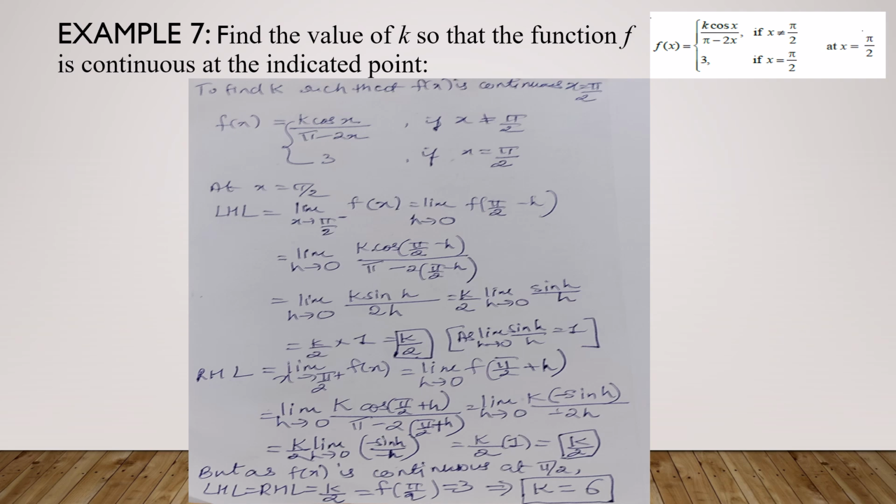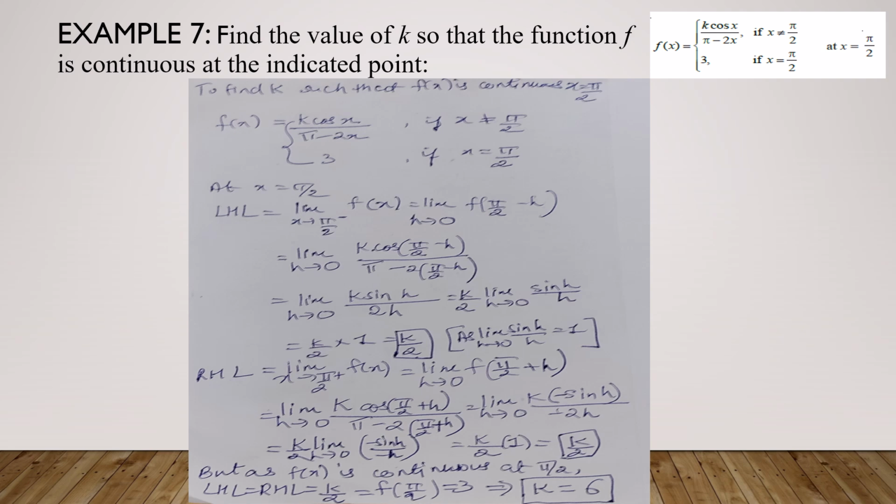So for a very small quantity h, limit h tends to 0, your function is f of pi by 2 minus h. So now in the given function, you put limit h tends to 0, k cos x, x as pi by 2 minus h, over pi minus 2 into pi by 2 minus h.